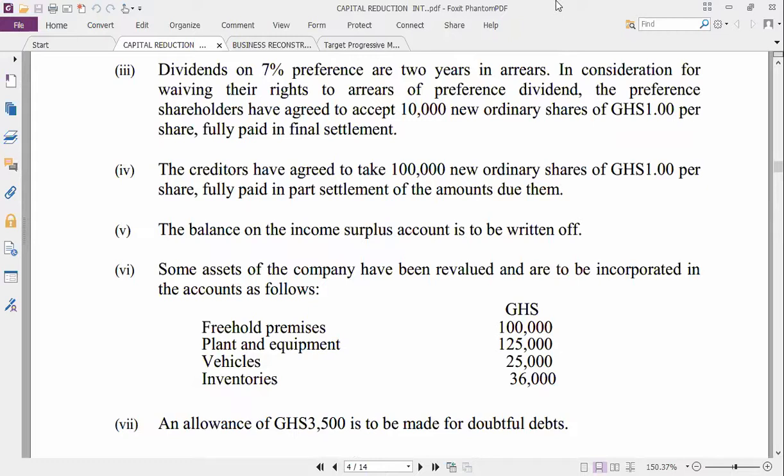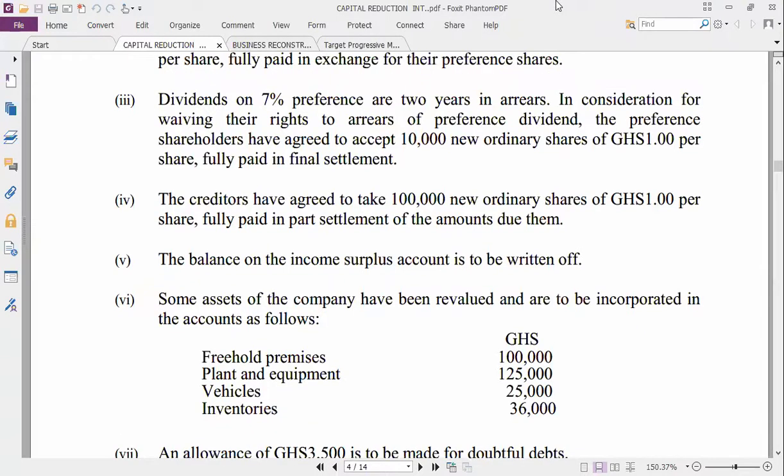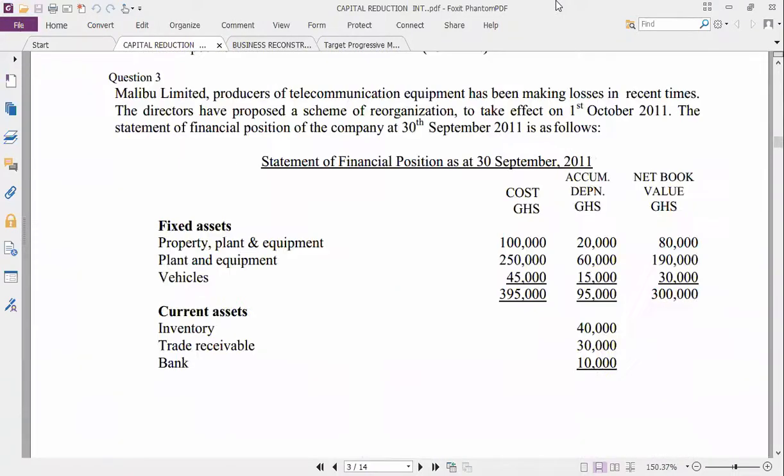Some assets of the company have been revalued and are to be incorporated in the accounts as follows. So these are the fair values. So let's compare them to the book value. Please, let's make some few changes. The book value, here you see PPE there. This one is not PPE. It's supposed to be freehold property.